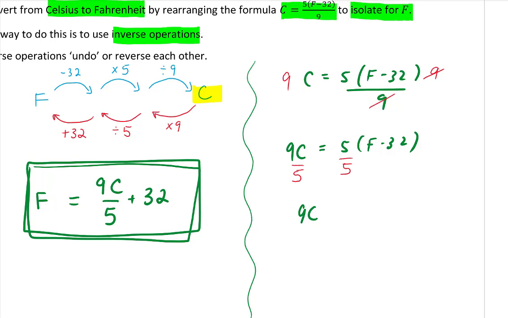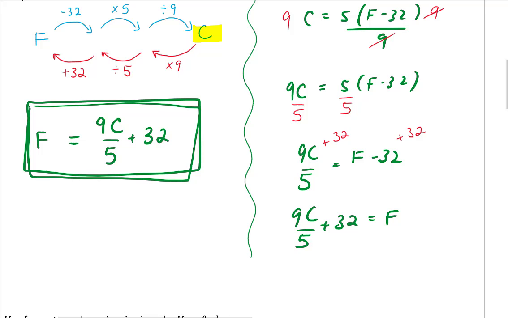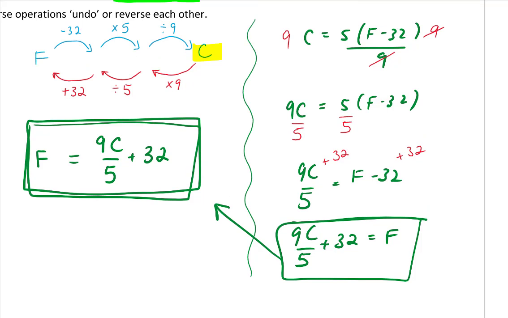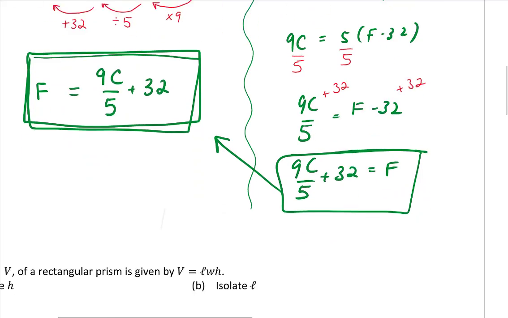So I get 9C over 5 is equal to F minus 32. And then the last step is to add 32 to both sides. And this gives me that 9C over 5 plus 32 equals F, which is the same formula I have using the other method. So again, it's your choice which method you'd like to use.